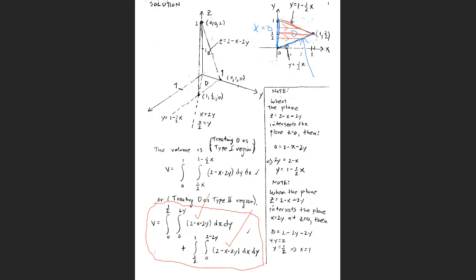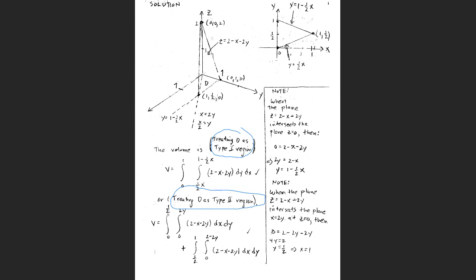All right. Well, do you want to compute the volume by treating the region D as a type 1 region, or do you want to treat the region D as a type 2 region? What's your preference? And Ryan, why are you saying type 1?